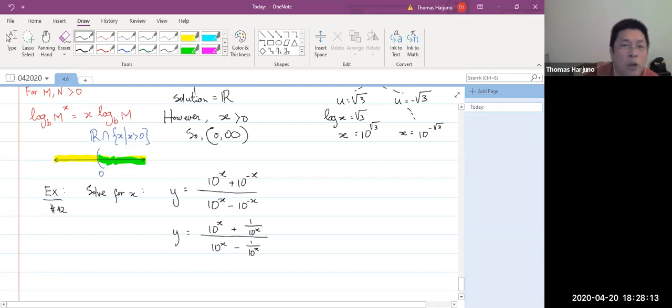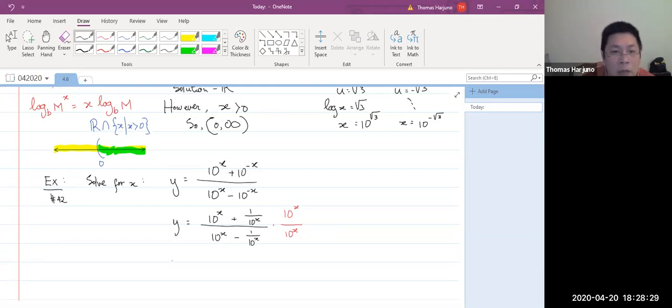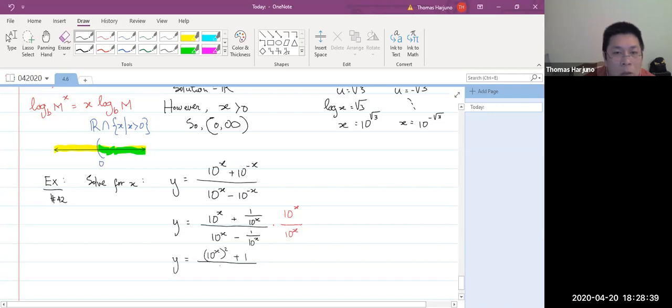At this point, if you want to do substitution, go ahead, but I will postpone it until slightly later. I will multiply by 10 to the x on the top and the bottom, so that I don't have complex fractions. If I multiply by 10 to the x, I get on the top 10 to the x squared plus 1 over 10 to the x squared minus 1.